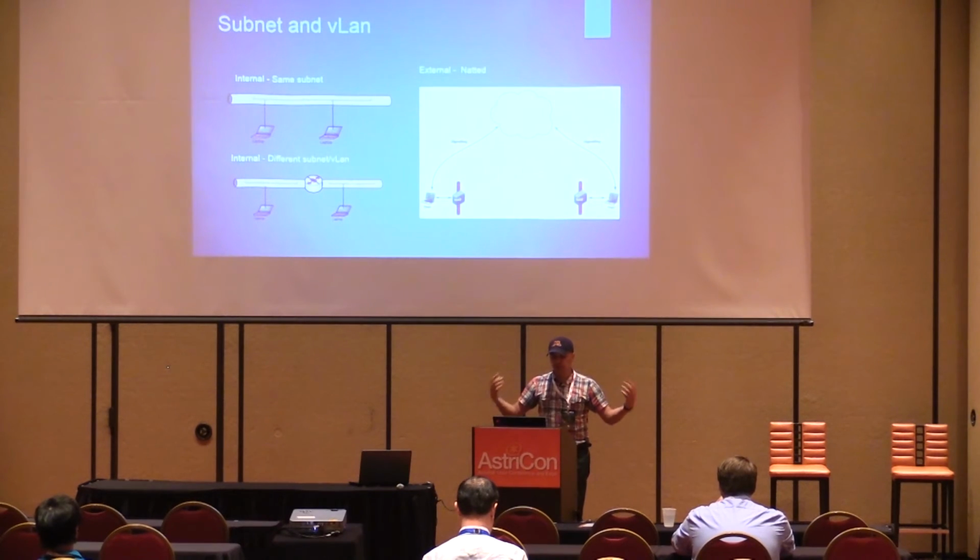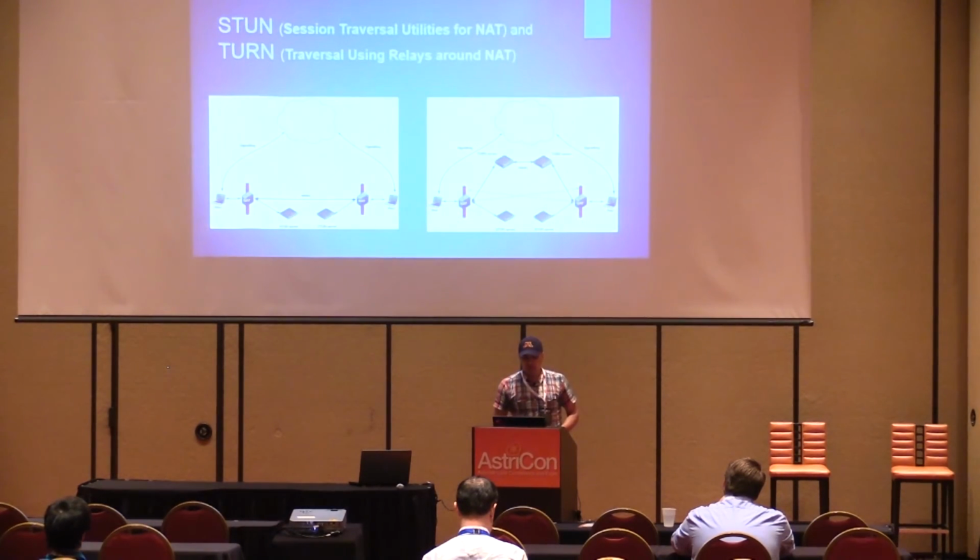You go through firewalls, and as we know, there are 4 different types of firewalls. The most difficult and challenging one is the symmetric firewall, which changes the port every time you send a request out. So basically, you need a STUN and TURN server.